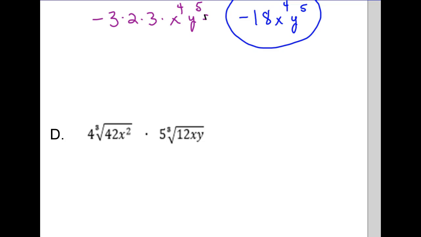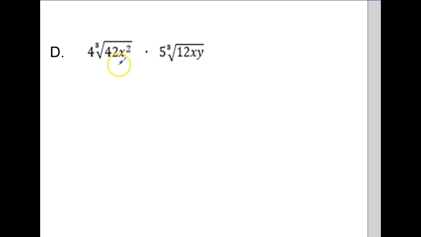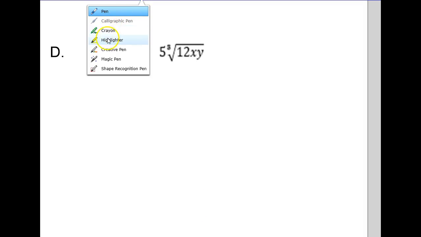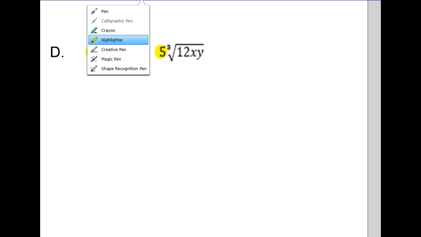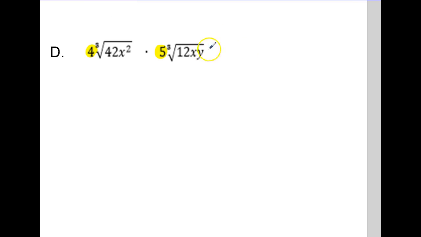Let's take a peek at this. This is the cubed root. So the two numbers that are going to stay on the outside and I can't forget about are this 4 and this 5. Okay? So I'm going to go ahead and multiply them out and put them as a 20.